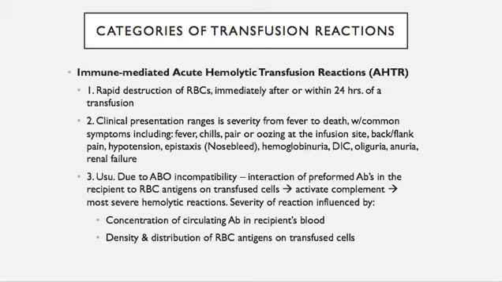This is the most severe of the hemolytic reactions, and the severity of that reaction again can be influenced by how much circulating antibody is in the recipient's blood and the density and distribution of red cell antigens on the transfused cells. So essentially it comes down to how much antibody is in the patient's blood, how many antigens are on the donor red cells.